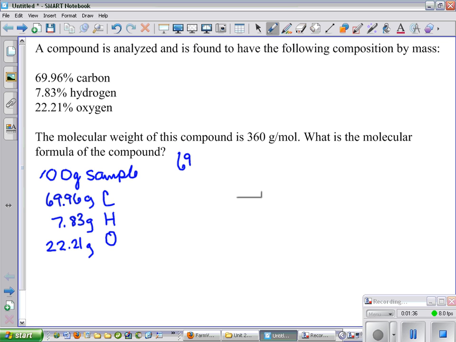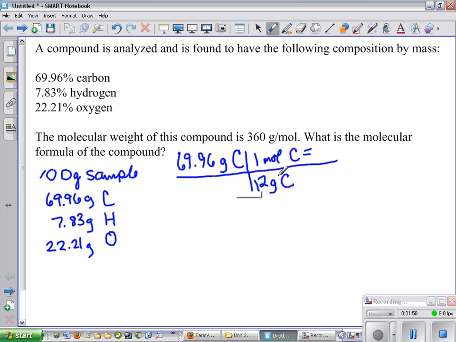So for carbon, we could take 69.96 grams of carbon, and there are 12 grams of carbon in 1 mole of carbon.